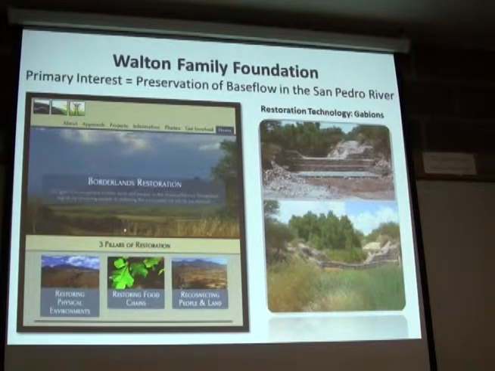And these are pictures taken from San Bernardino that Ron referenced earlier, where there's been a lot of restoration work using gabion structures. But the Walton Family Foundation is interested in recharging the Babo, and so that's kind of a different angle than was used in San Bernardino, as they were interested in restoration.